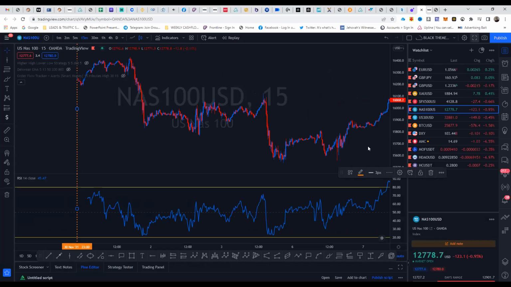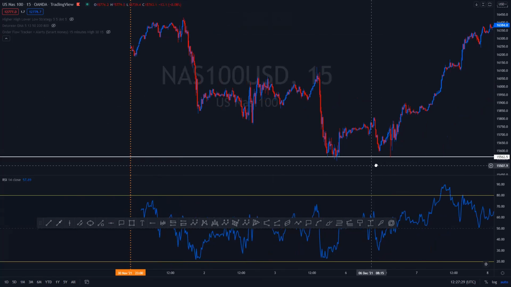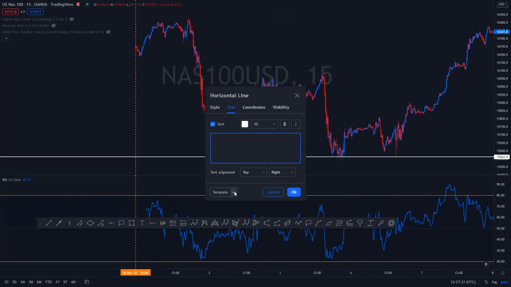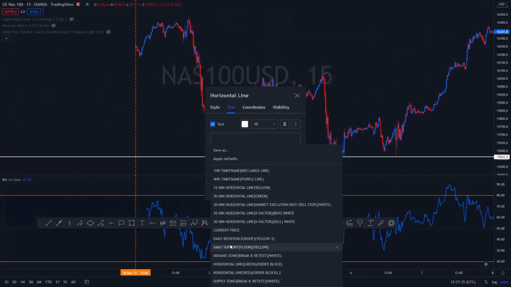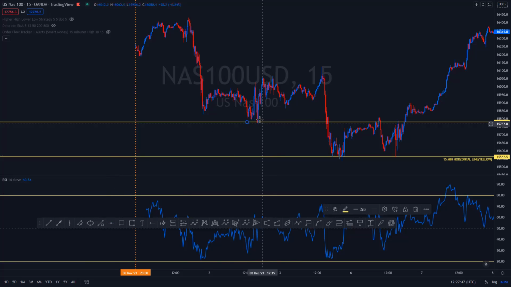So now we're going to go ahead and mark up this market structure. All right. So we're going to start it here. I love to mark up my market structure based off of institutional imbalances and liquidity off of the bank's moves. So that's what I like to base it off of. There's a good one here.